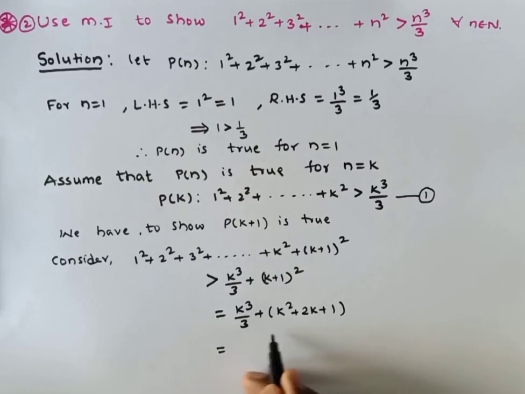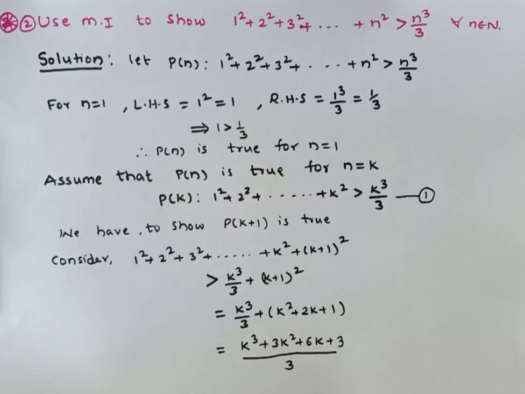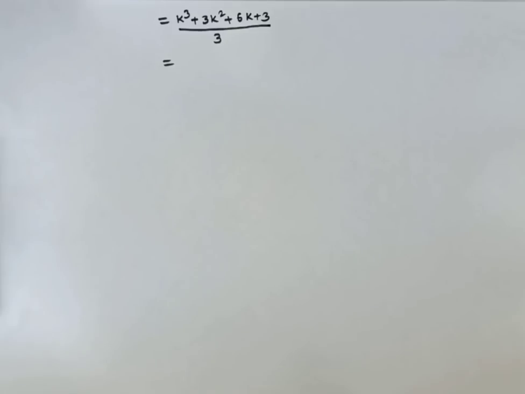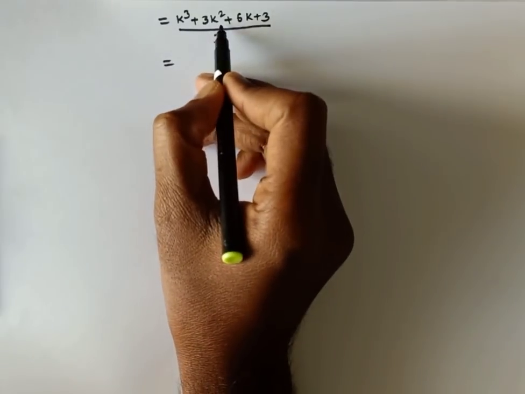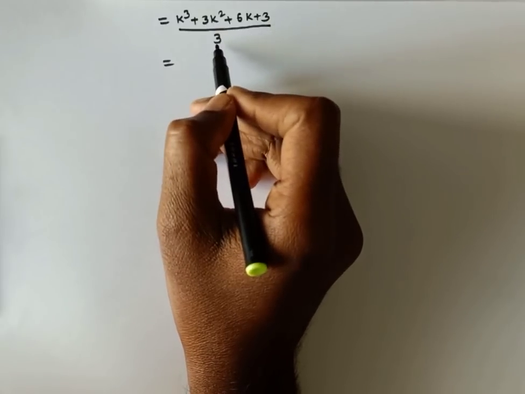Now here the LCM is 3. So this is k cube plus 3 into k square plus 6k plus 3, divided by 3.